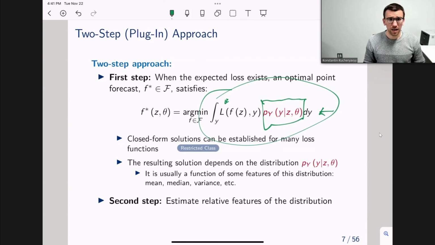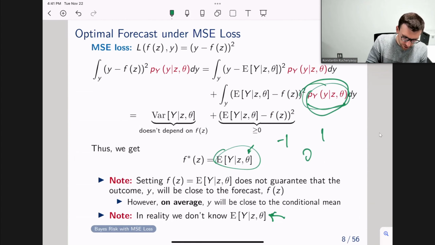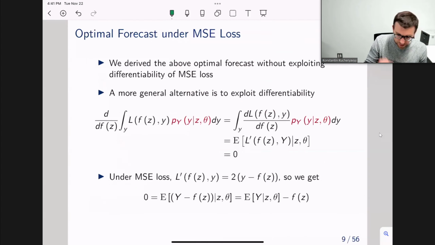So differentiate under the sign of the integral, and then try to solve the problem. So let's see how it works in the case of the MSE loss. And then we will think a bit more, just a little bit, about the general case.